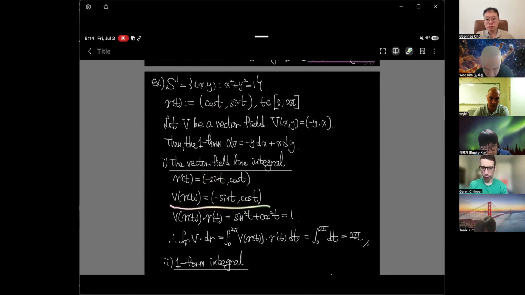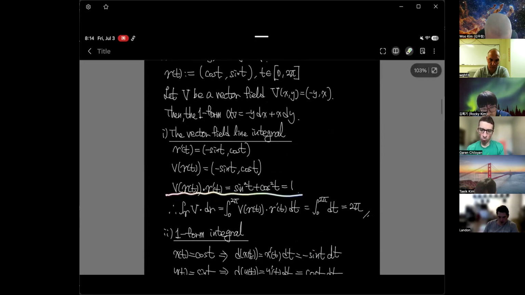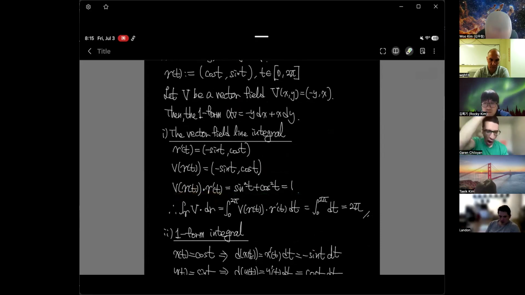And then V of gamma of t, we can just substitute: minus y is minus sine t, and x is cosine t. Then, using the multivariable chain rule, V of gamma of t times gamma prime of t, you can simplify the inner product, and sine squared t plus cosine squared t equals 1.